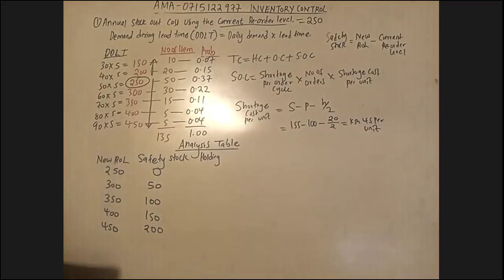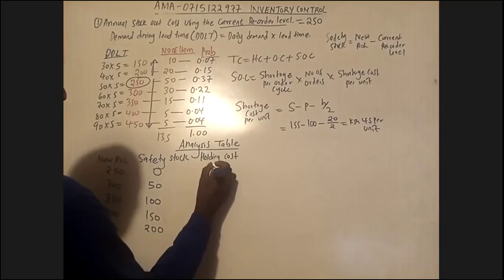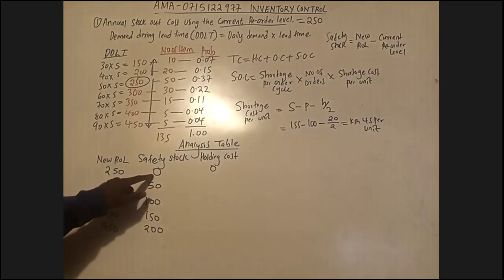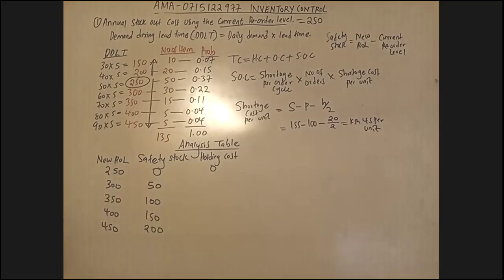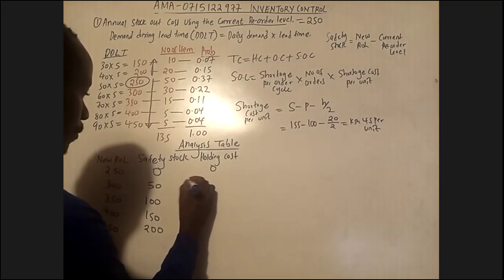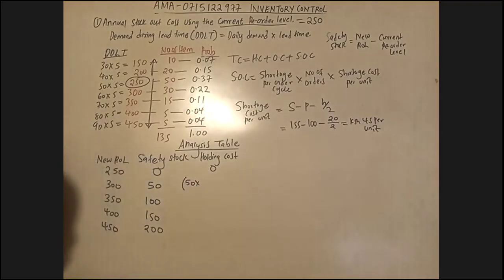Holding stock. Holding cost. Now the first one is 0 because the safety stock is 0. Ya pili itakuwa ni 50 times, what is the holding cost per unit?